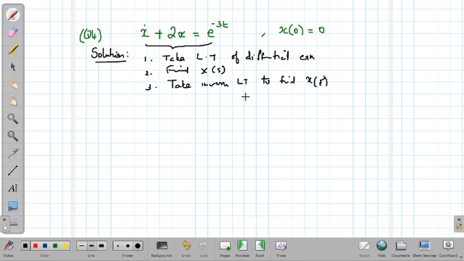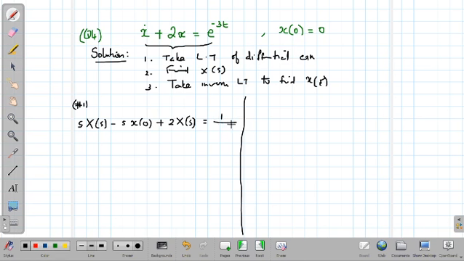Okay, so let's try to do this quickly. What is the Laplace transform of the differential equation? Step 1. So Laplace transform of the differential equation is s X of s minus x of 0 plus 2 X of s equal to, what is the Laplace transform of e raised to minus 3t?